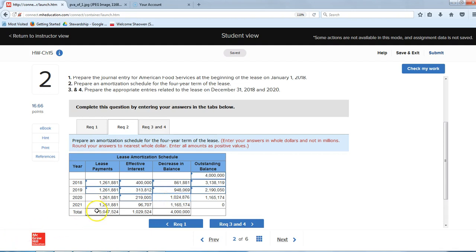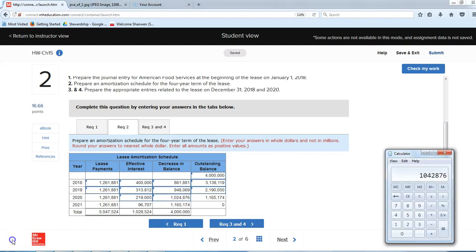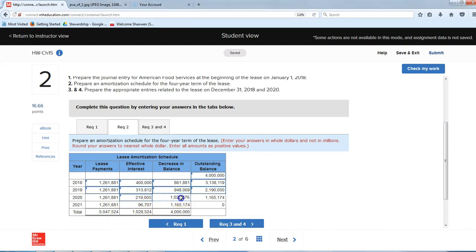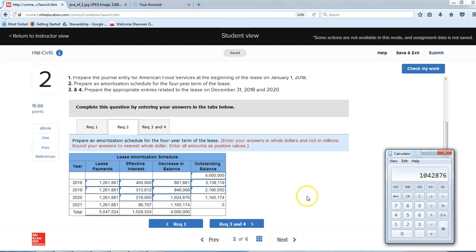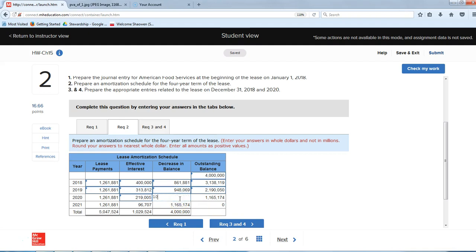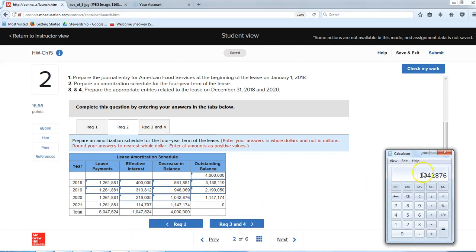And the rest of the rows are completed by Excel itself. Well, wait a minute. This part, I put the wrong number. It should be 1,042,876, not 1,024. So 1,042,876. Okay. So that's the second requirement.